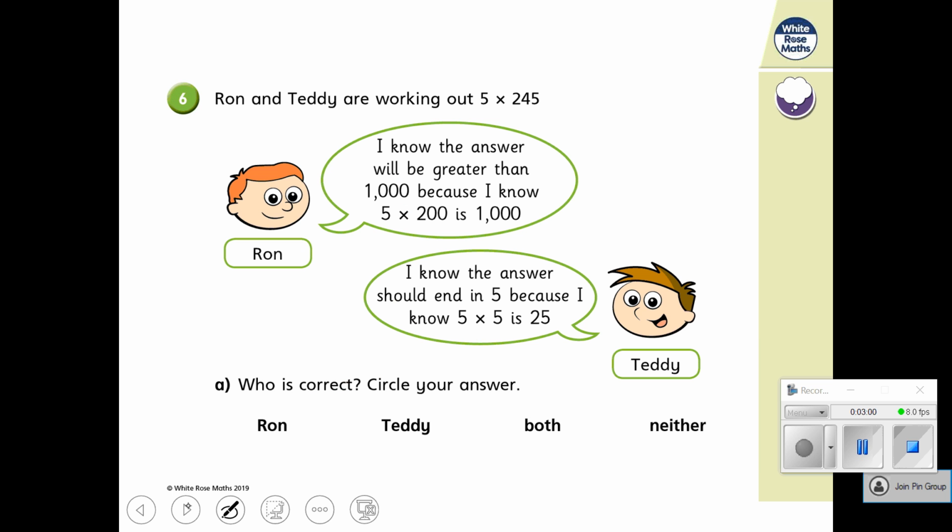Right, let's move on. Okay, so we have Ron and Teddy, and they're both trying to work out this calculation here, which is 5 times 245. The very first thing they're doing to work out their calculation is an estimation. So Ron says, I know the answer will be greater than 1,000 because I know that 5 times 200 is 1,000. Now we've got to work out if he's right.